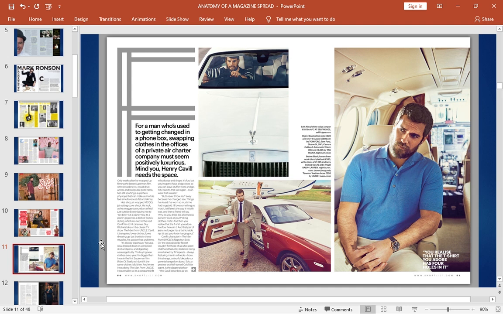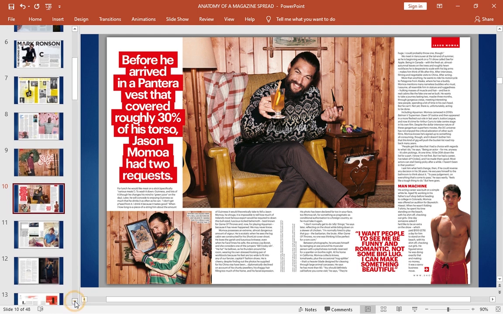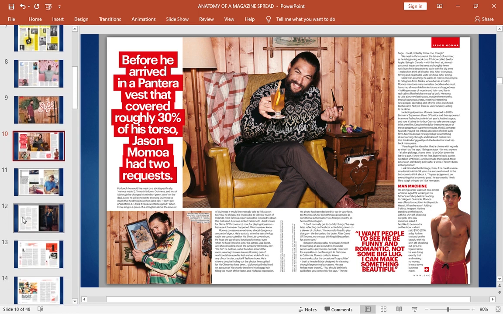Most of the time the pull quote is taken from the topic or the story, and pull quotes must also stand out. You see this one, we have a red color being used for the pull quote, and it is standing out. It has enough contrast and is visible anytime you glance through it. It is the first thing that you may read.